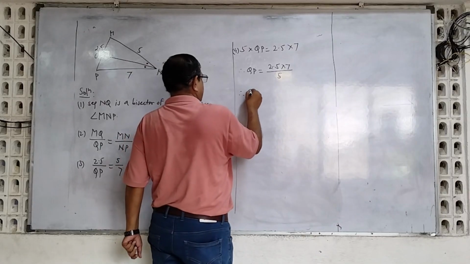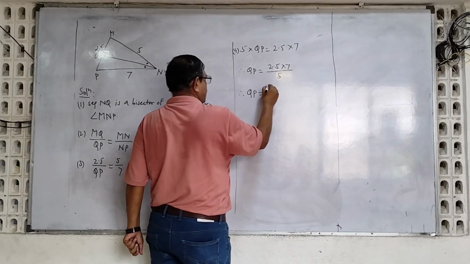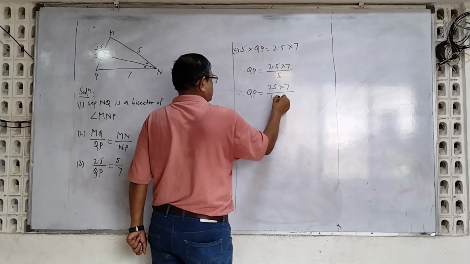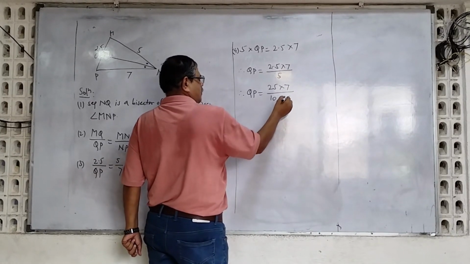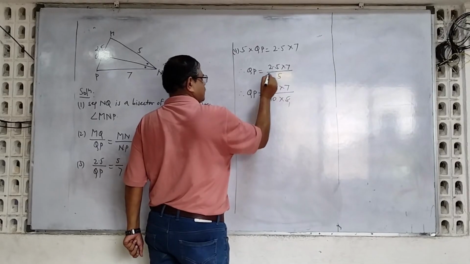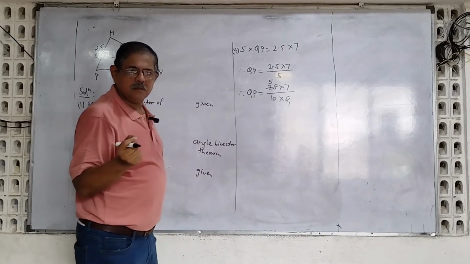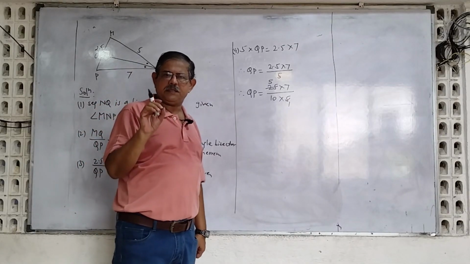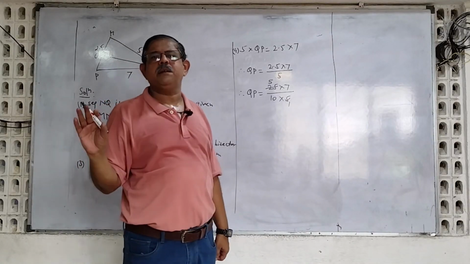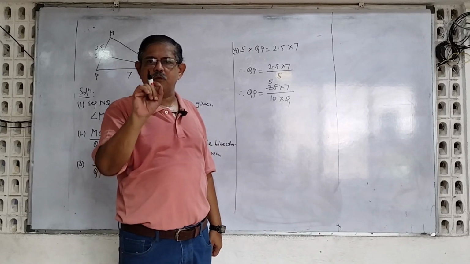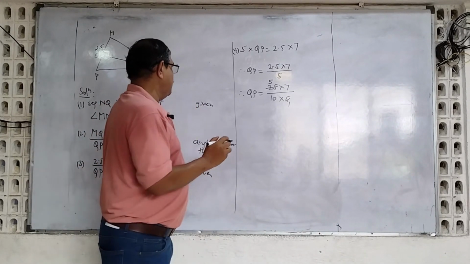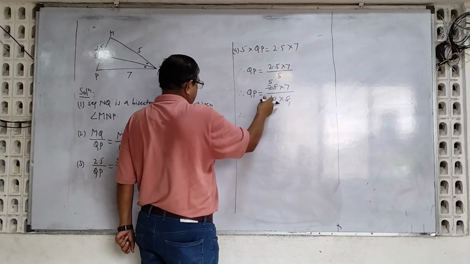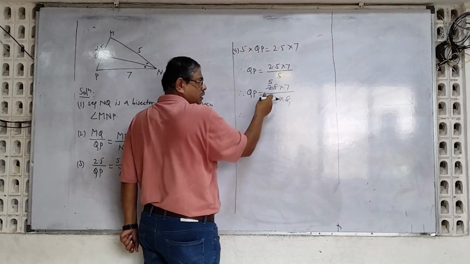Again, QP is equal to 2.5 means already shifted. As I shifted, I divide below: 10 into 5. 5 1 5, 5 2 10. One more suggestion. It is a suggestion, not compulsion. Whenever your denominator is 10 or 100, never disturb it, because it helps you to place the decimal point. You are right, students, 5 1 5, 5 2 10 you can do it. Again you have to do 7 by 2.